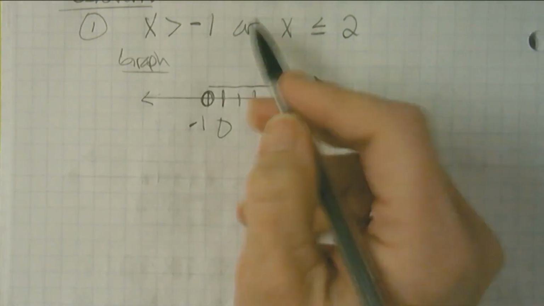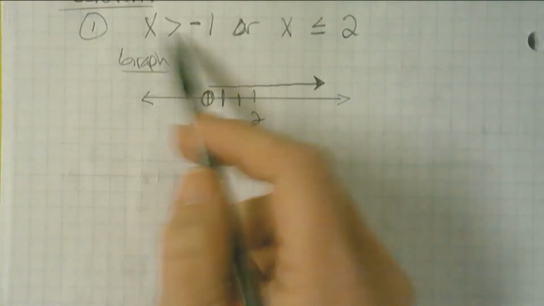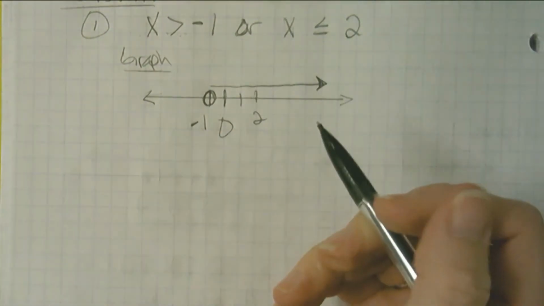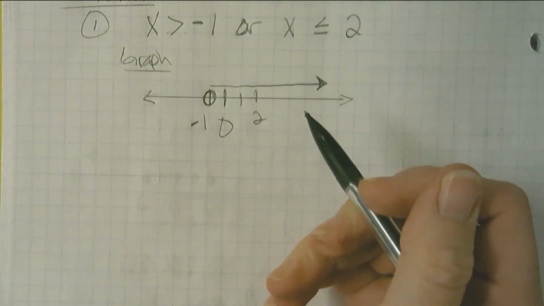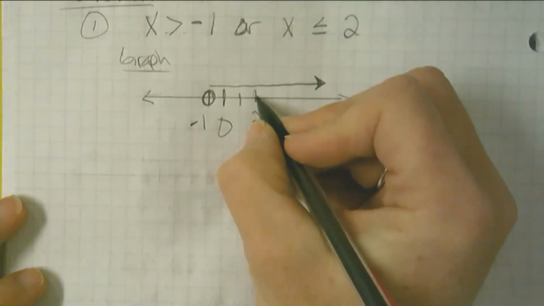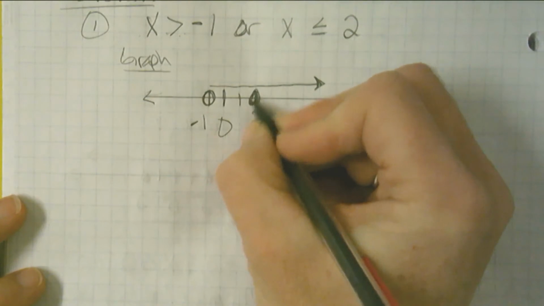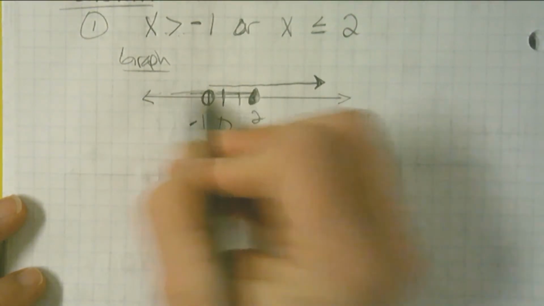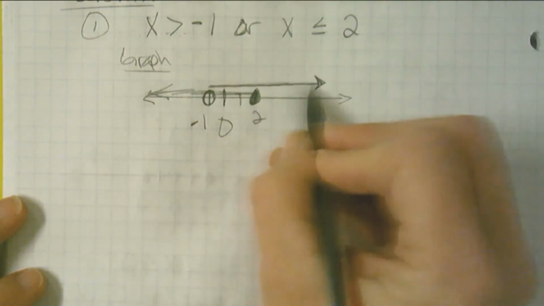It says this is or. So all my x's are greater than -1, or they're less than or equal to 2. So somebody do that part for me. Ashton? How many of you guys see this?